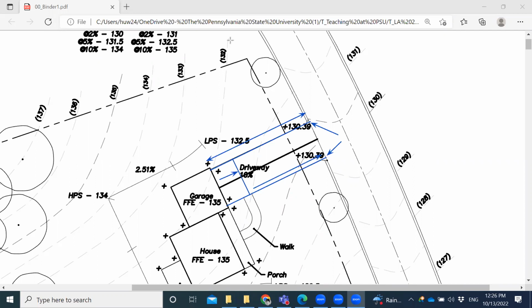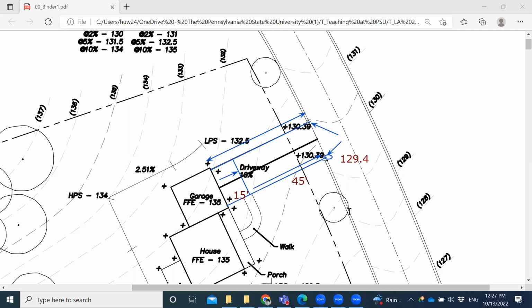So if I elaborate on the process here, I would estimate the spot. That spot, I could say this is about 129.4, for instance. And if your driveway is about 60 feet, the first would be 45 feet, and then here would be 15 feet.